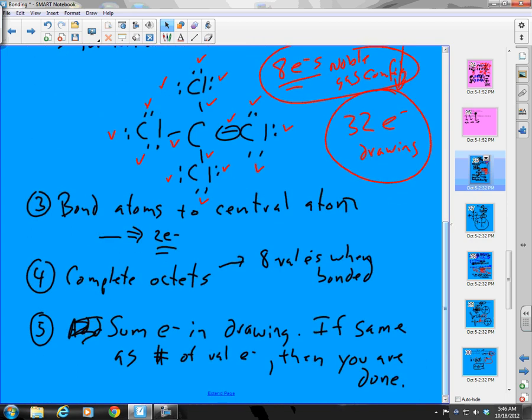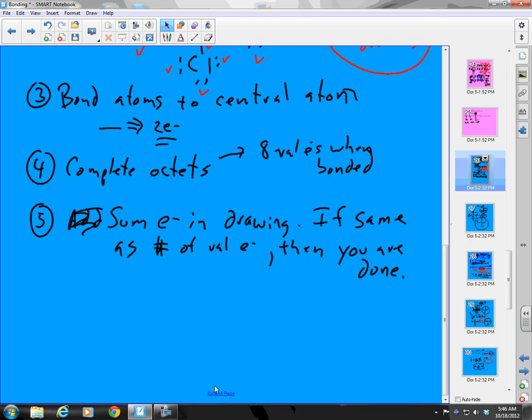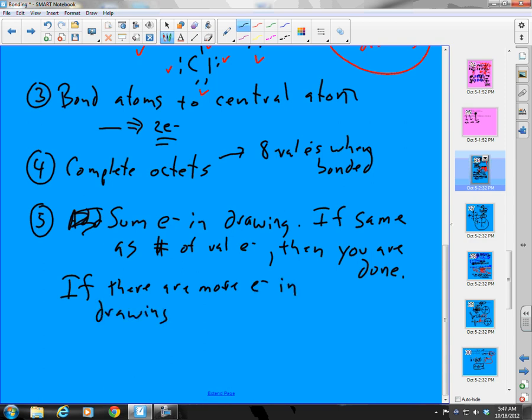Okay, some number of electrons. If it's the same as the number, then you are done. Guess what? We're not done. Why? Because it's not the same. So, what if there are more electrons in the drawing than there are in our valence count?